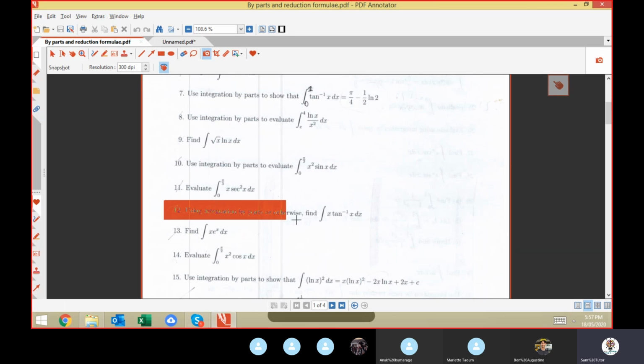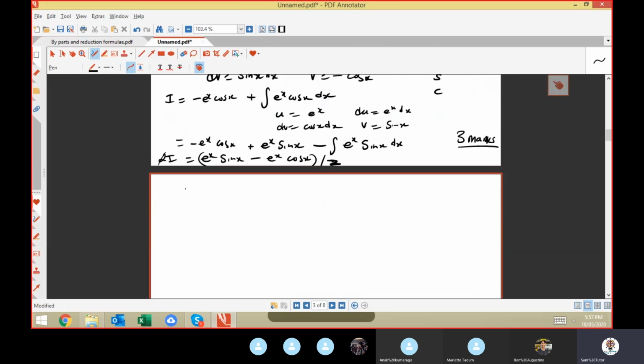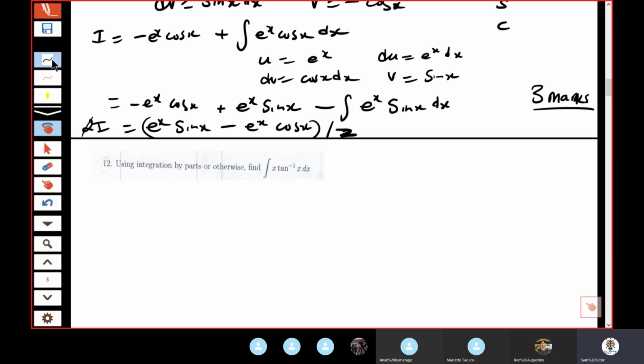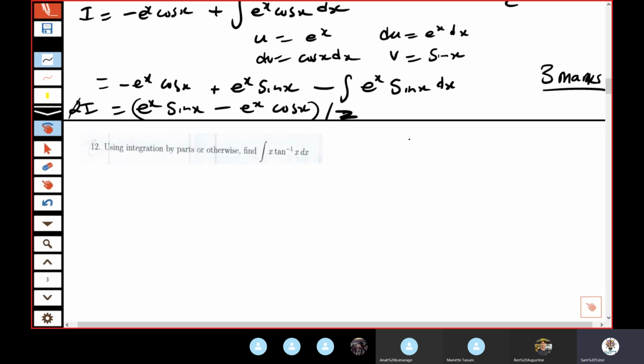Let's do this one. Let's do inverses. Before I can do inverses, do we remember our inverse derivatives? What would the integral be so that the answer becomes inverse tan?